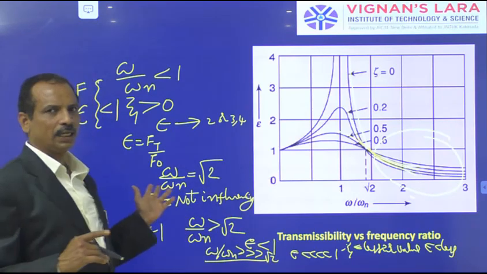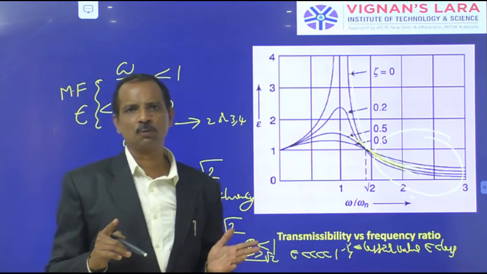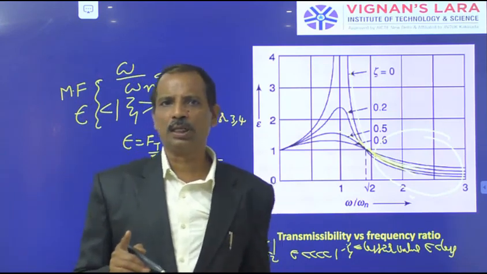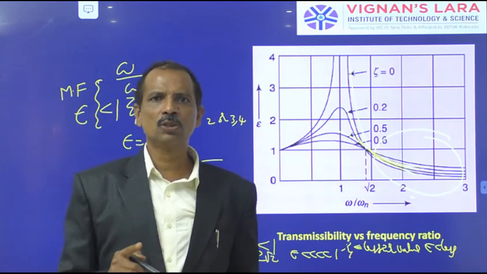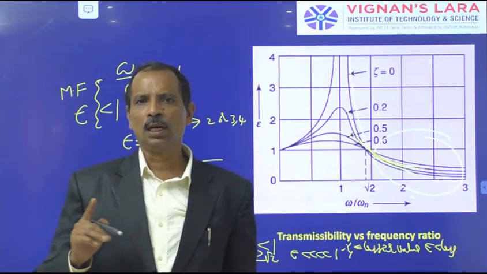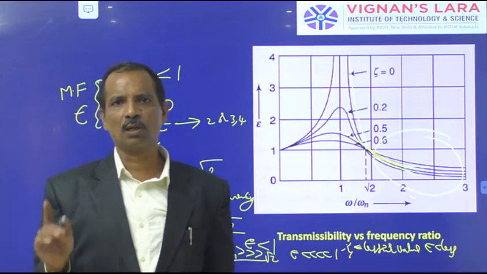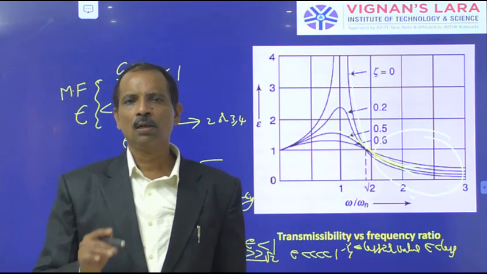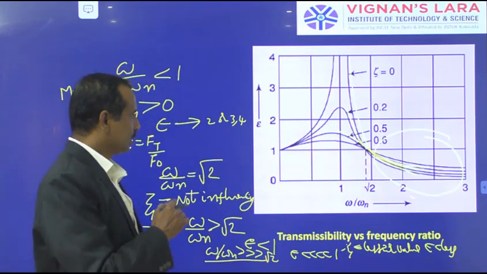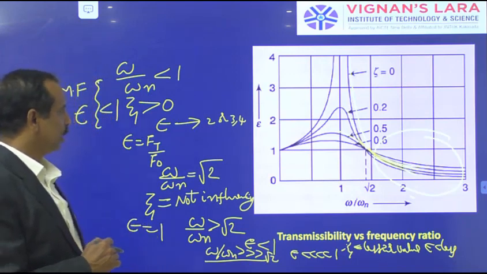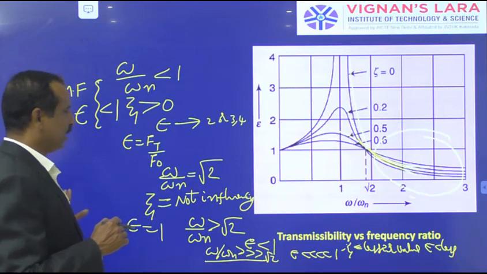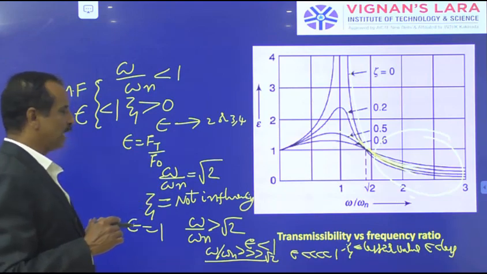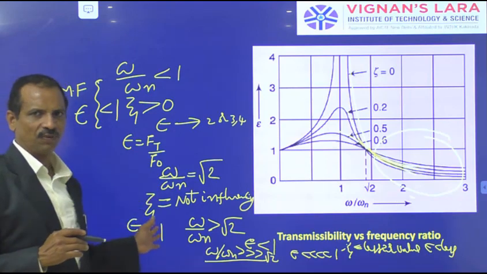So these two factors, vibration isolation and transmissibility, are very important from a practical point of view, and they are used for installation purposes and to control the effects on surrounding equipment. In the next lecture, we will see problems based on the background we have studied, that is, transmissibility and the magnification factor.